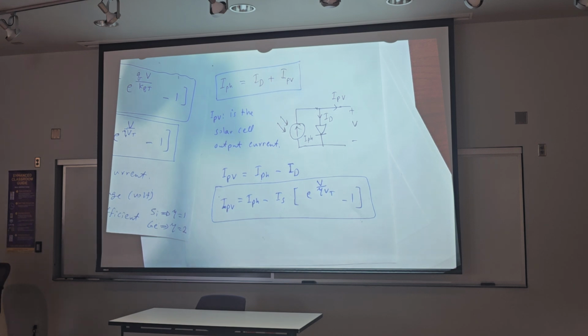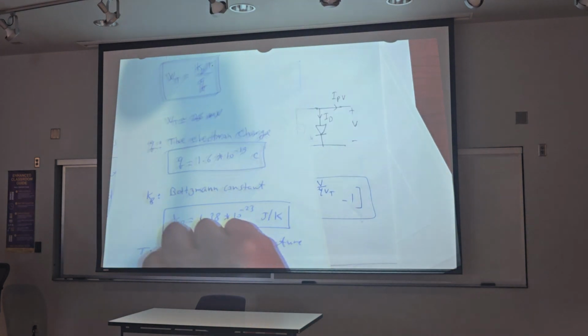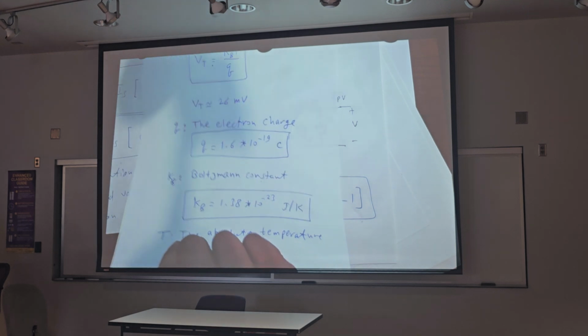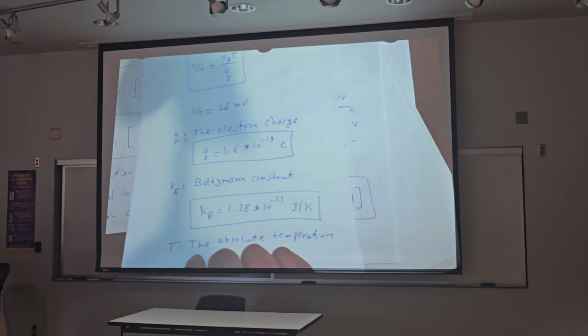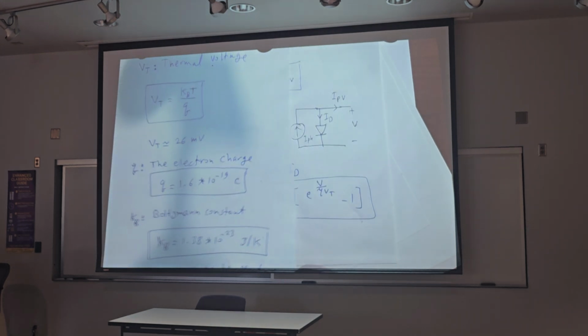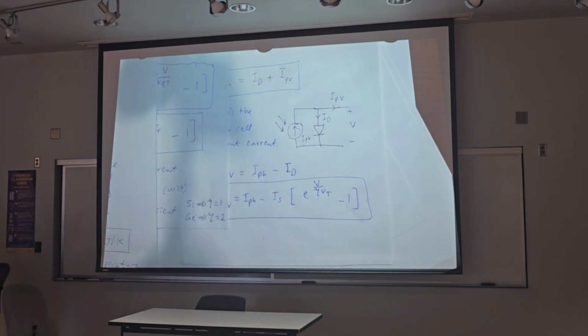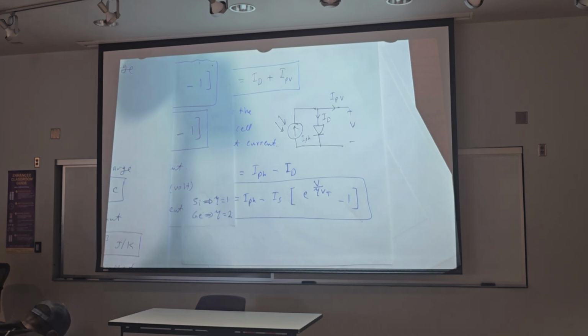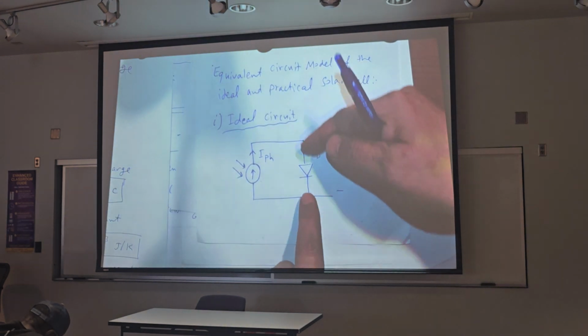Can we represent V_T somewhere in the circuit? V_T is the thermal voltage of the diode. It's not 0.7 or 0.3, it's very small, across the diode.